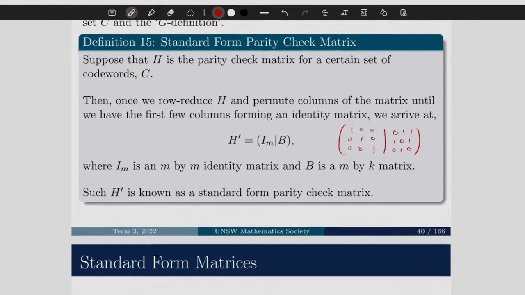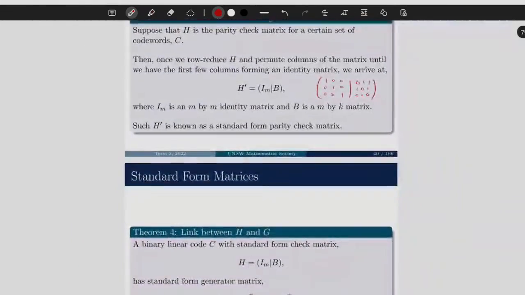And that conversion is defined here, where if you can represent it with the identity matrix and some other matrix B, then to convert to the generator matrix, we just flip B and the identity matrix, throw a negative in front of it, transpose it, right?